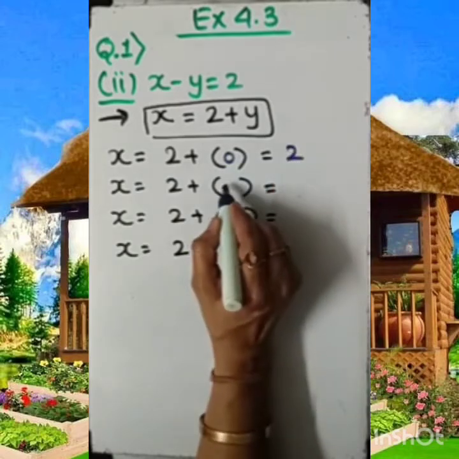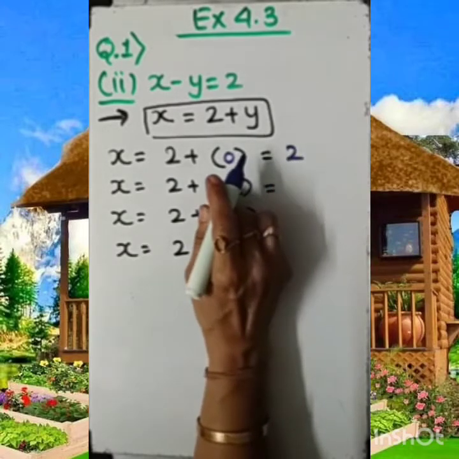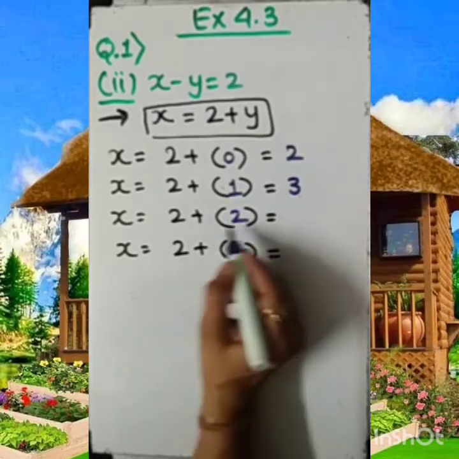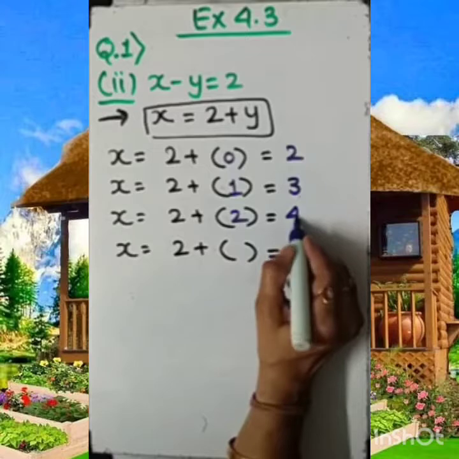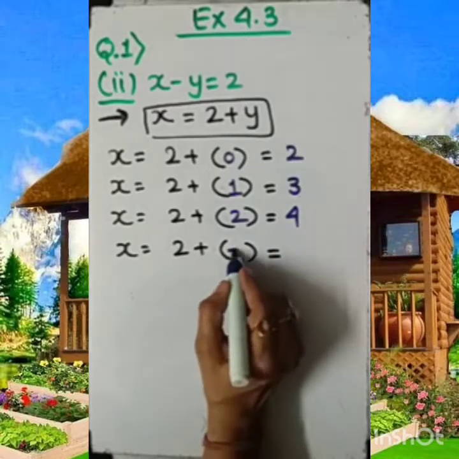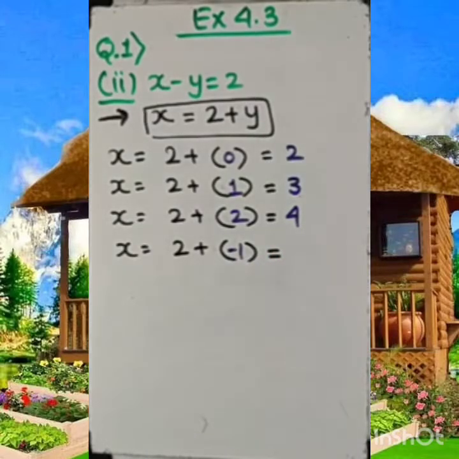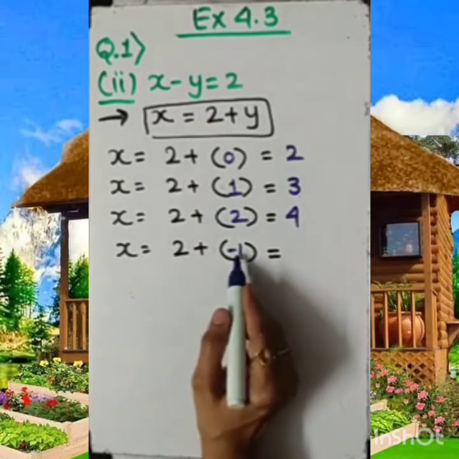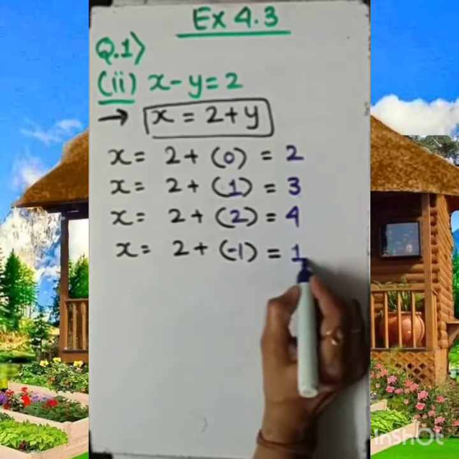I am choosing 1 here, so 2 plus 1 will be 3. Here I am choosing 2, so 2 plus 2, 4. Even you can choose negative also. Okay, let me choose one negative point also. Suppose I am choosing minus 1, then 2 minus 1 gives the result 1.